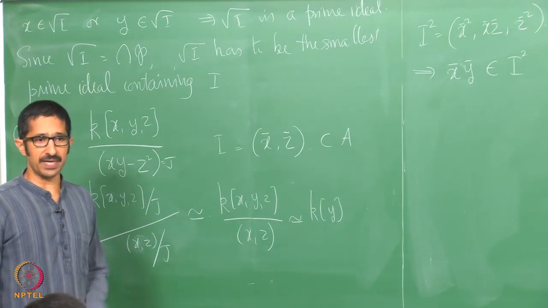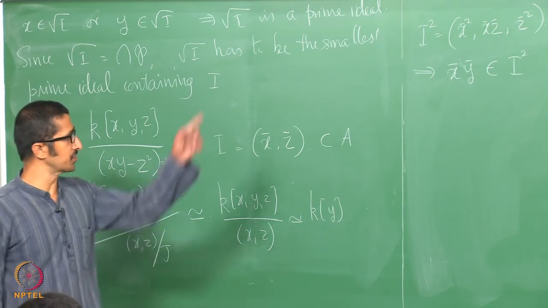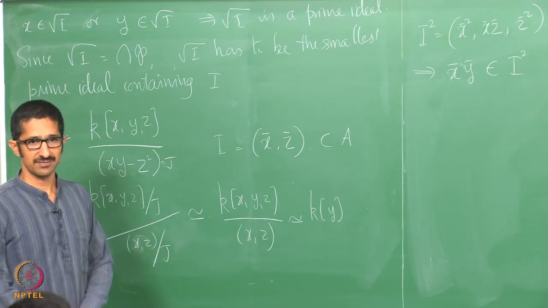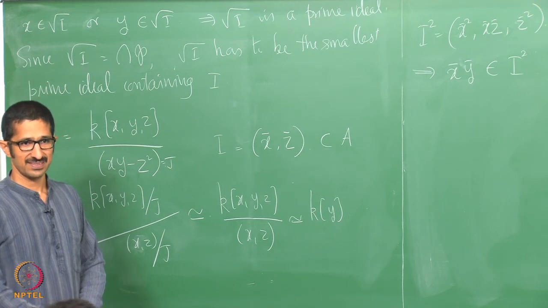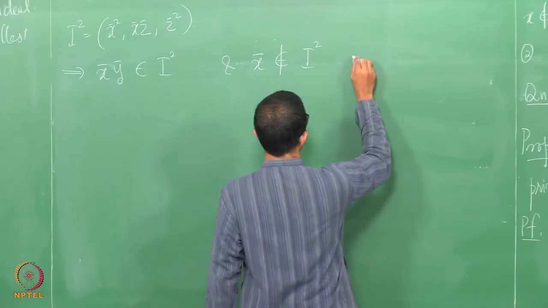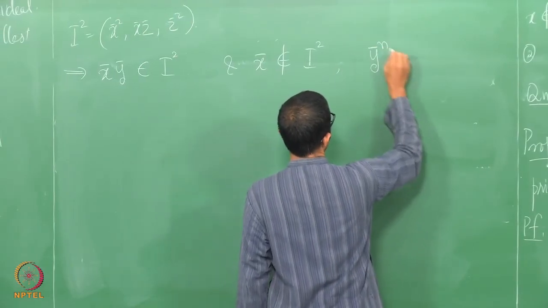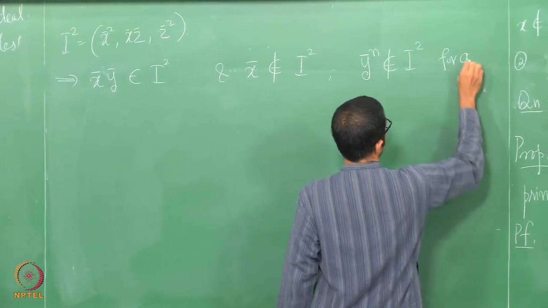For this to be a primary ideal, some power of y should be in I square. Do we have that? Right. So, x bar is not in I square, and y bar power n is also not in I square for any n.